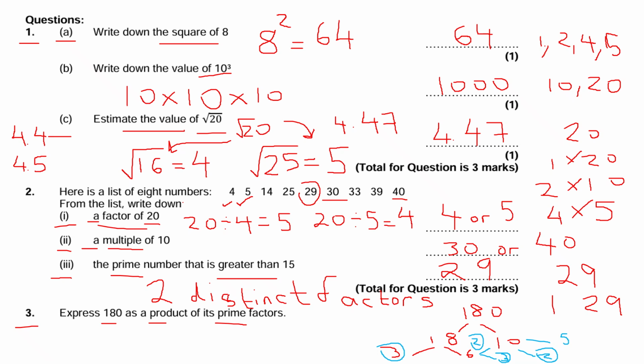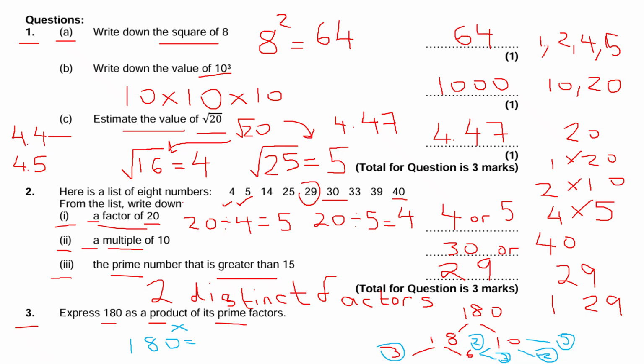And then all I'm going to do is write 180 is equal to, and then multiply all the numbers here that I've actually circled. So the word product in maths means to multiply. So essentially it's saying write down the prime numbers that multiply to make 180.